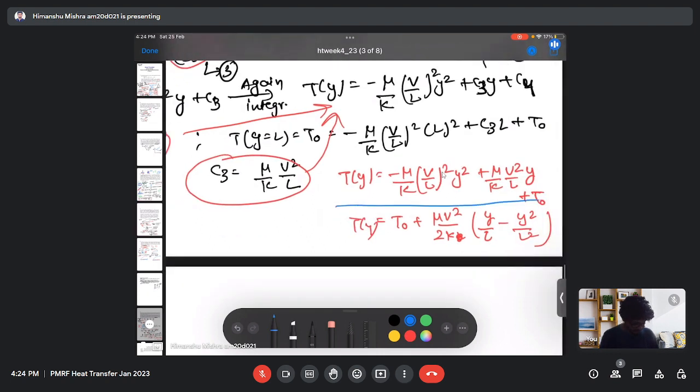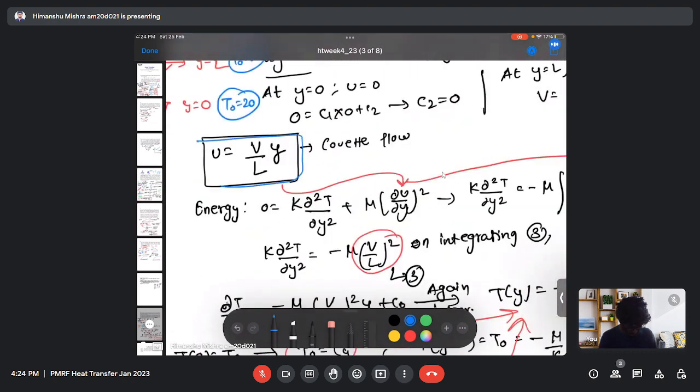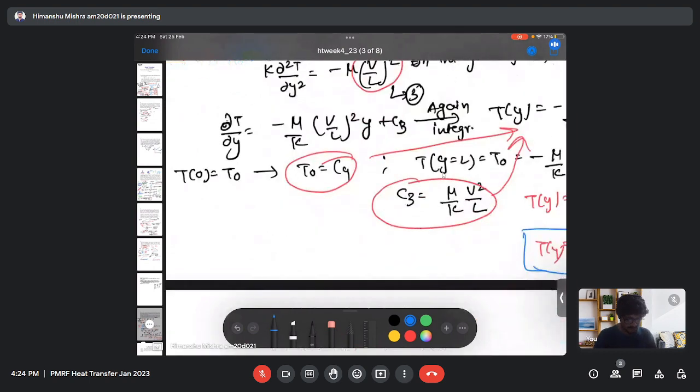So we got the temperature profile and we got the velocity profile. So our next step is to define the maximum temperature. In the last tutorial, I defined that to find the maximum temperature, we need to find the slope of the temperature profile and equate it to 0.